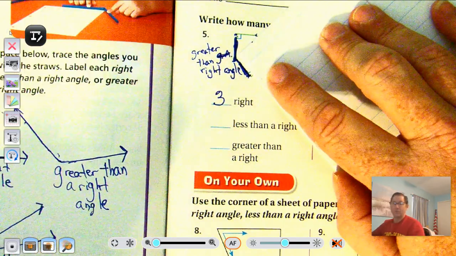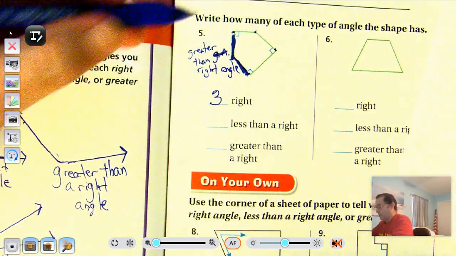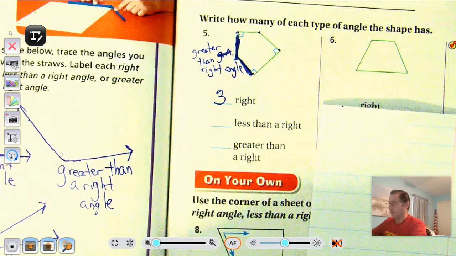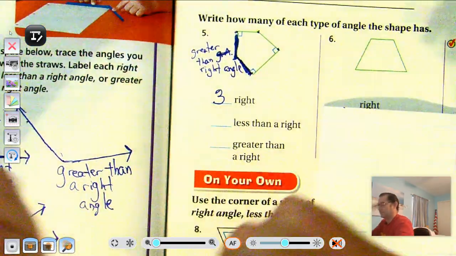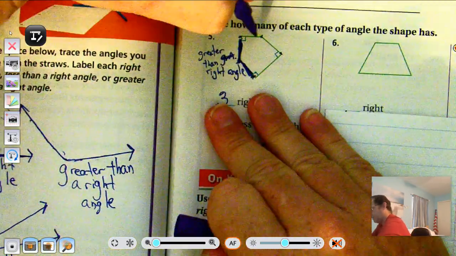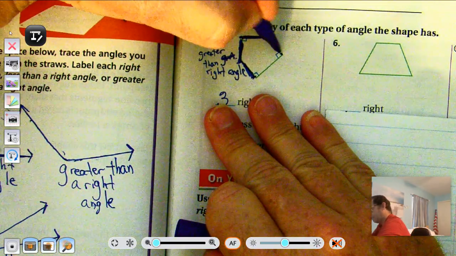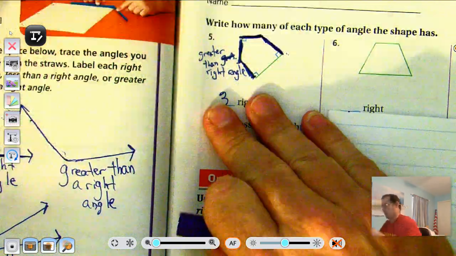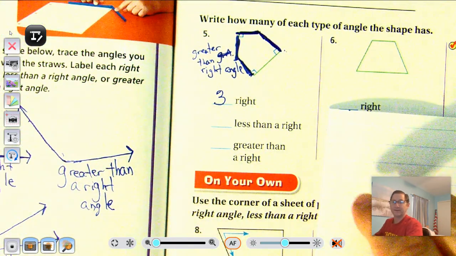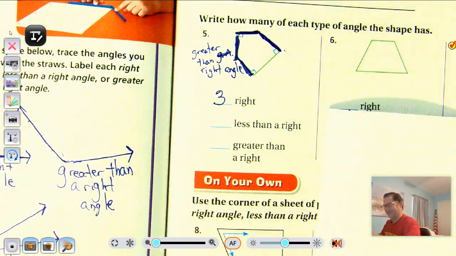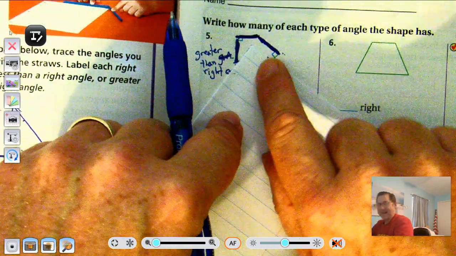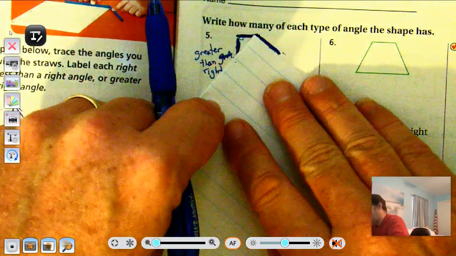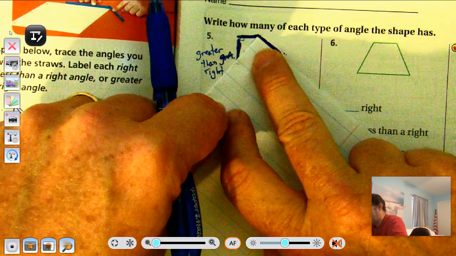And now let's look at the other one. So this one, I'm going to use a different color. So it looks the same, doesn't it? All right, I'm measuring this angle. So I'm going to put the edge of the paper against one side.